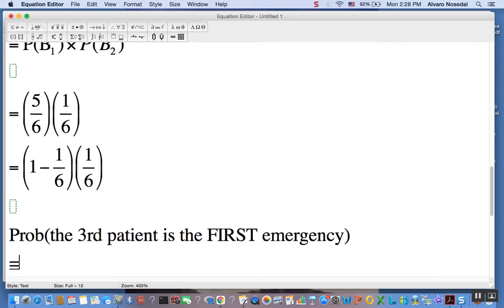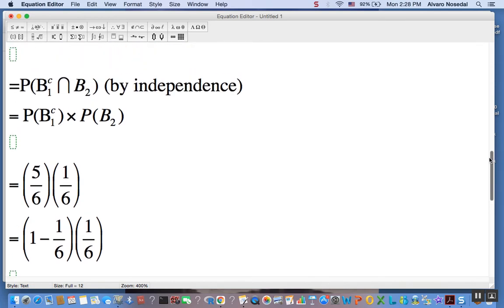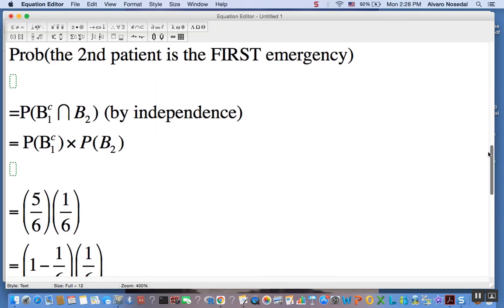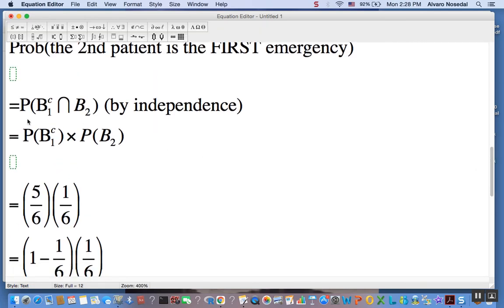Okay, so again we use the same idea, right? If the third patient is the first emergency case, what we have is something similar to what we had here.